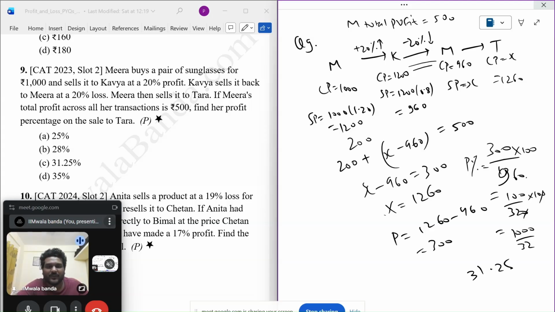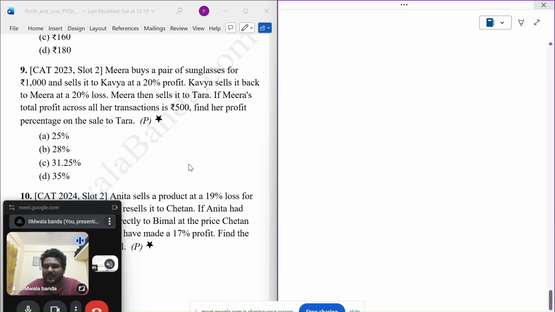She earned 200 rupees in this transaction. She earned 300 rupees in this transaction, which is a total of 500 rupees. In this case, she has just procured a new item at a new cost price. So I hope this is understandable. If you are buying something from me and I've earned money on that and you're selling it to me again, it might look like I've earned again some money on this, but it's just procuring a new item at a reduced cost price. Okay? Someone else's loss it is, not my second profit.